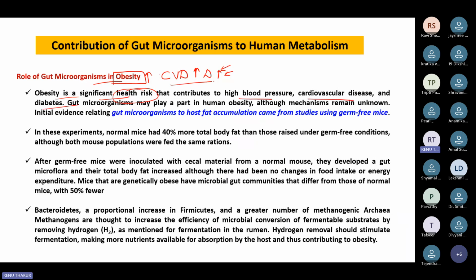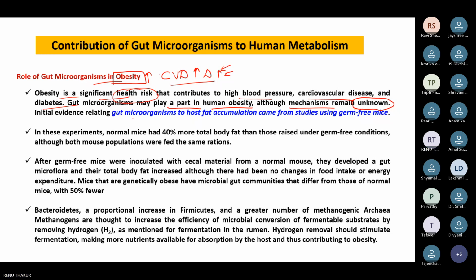So gut microorganisms may play a part in human obesity, although the mechanism remains unknown. It is not yet fully revealed, but there are so many instances available in the literature indicating different kinds of methods that play a role in increasing the obesity of an individual.